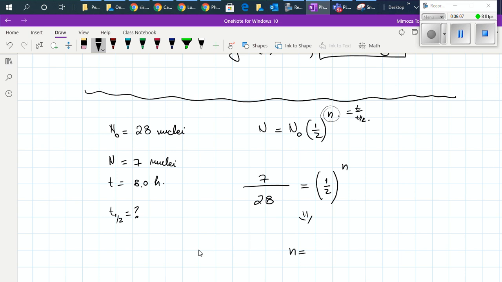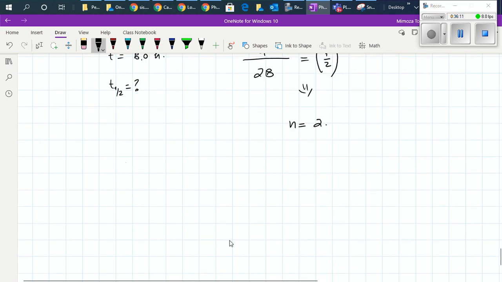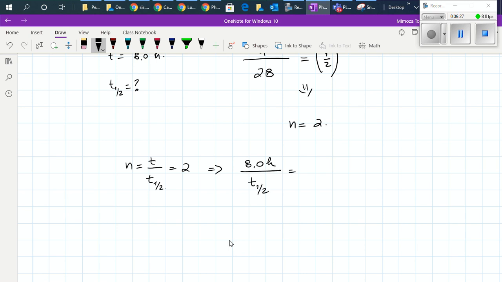So if n is equal to 2, on the other side we know that n is time over the half-life, equal to 2. Now we know that t is 8 hours. So 8 hours over t 1/2 is equal to 2.